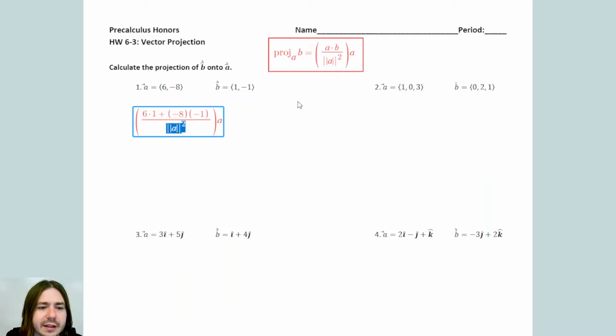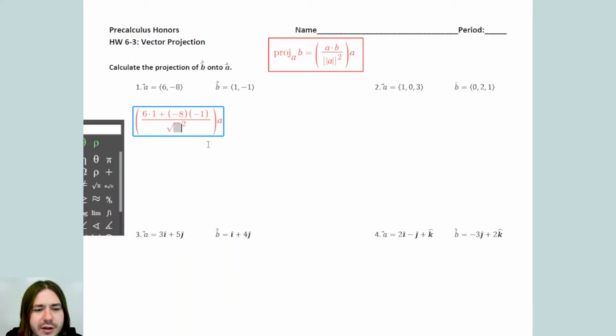So A is acting as like our floor that we're projecting onto. So to find the magnitude, and we will end up squaring that, but we'll have the square root, which when you square it kind of goes away. But just for the sake of being accurate here, we've got 6 squared plus 8 squared. And then that whole thing should be squared.